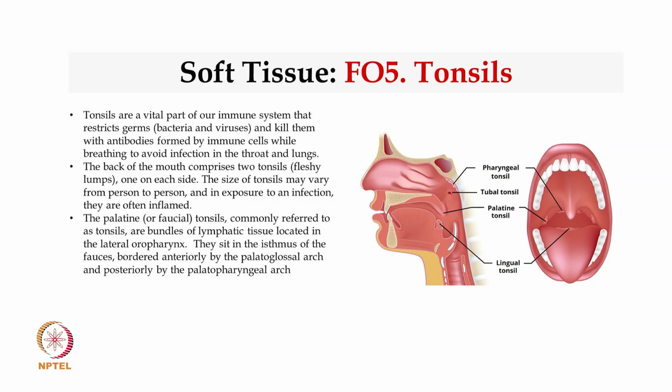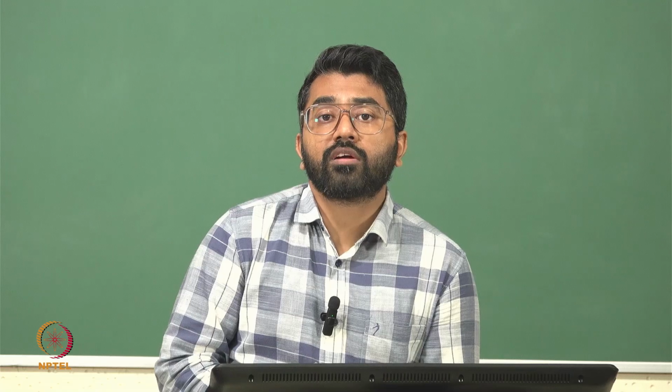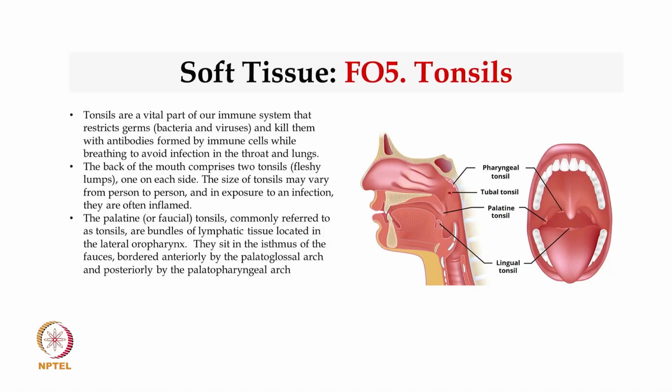Isthmus is a term used from the European literature, like the end of something, an isthmus of a country, of the fauces, and they are bordered anteriorly by the palatoglossal arch and posteriorly by the palatopharyngeal arch. A lot of these terms are very difficult to pronounce, but they have been built based on certain anatomical indications, right? So from a figure standpoint, you're looking at the locations of the tonsils.